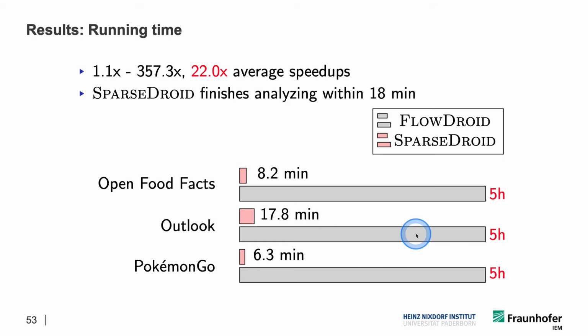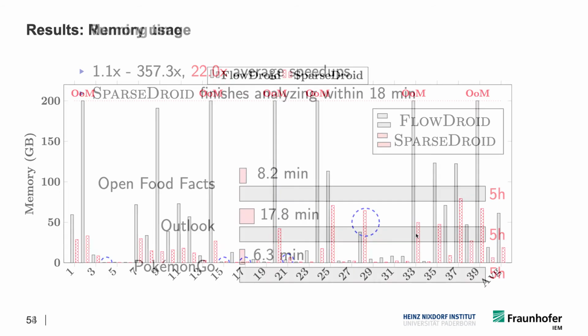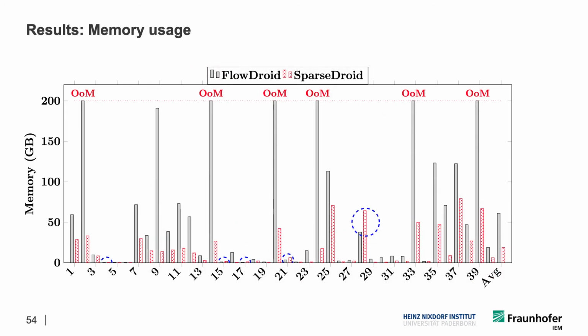So within a few minutes. Similarly, you can also see for memory consumption that there were not only these cases, but actually 6 in total where FlowDroid ran out of memory. And that actually did not happen for SparseDroid at all, as you can see here.